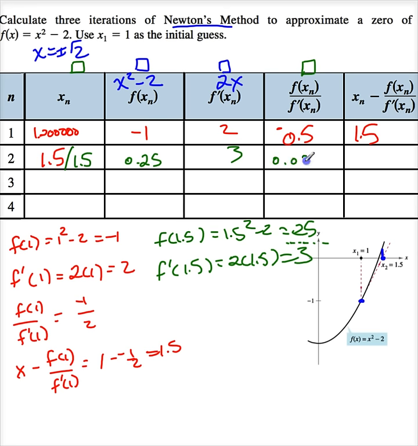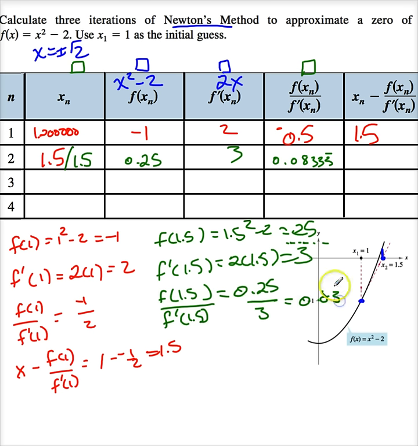this is 0.0833333, etc. I'm going to put it down here just to help you while you're trying to figure these out. All right, there's my decimal.